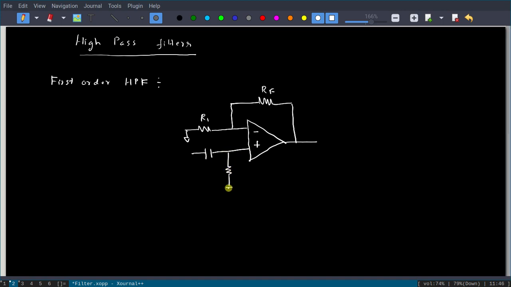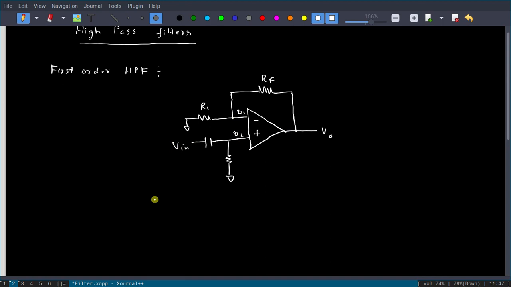In the low pass filter, in place of capacitor we had resistor, in place of resistor we had capacitor. Now we just swapped it. Okay, so V in, and we will call this V2 and this one is V1 and this is V out.